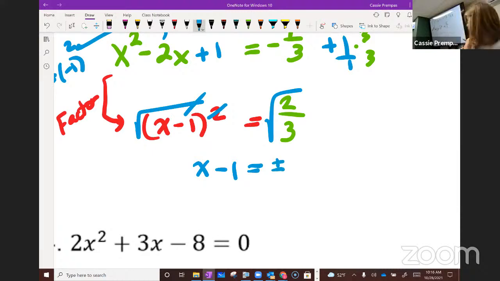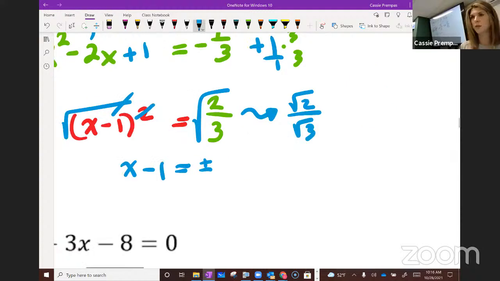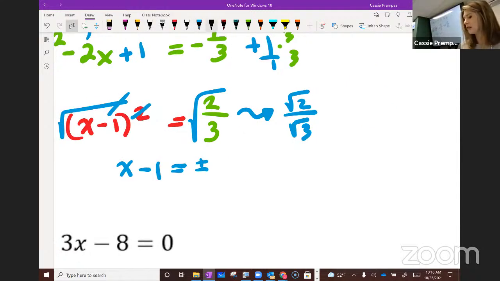Now here's some free final review. In the final, you will be asked to rationalize the denominator. Do you guys remember that square root of 2/3 is the same as the square root of 2 over the square root of 3? Do you remember how to get rid of a radical in the denominator? Do you remember what you multiply by?